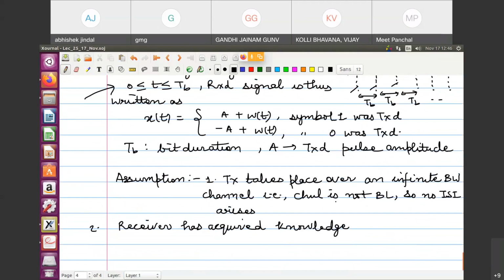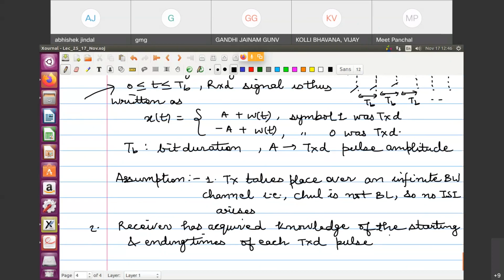So the receiver has acquired knowledge of the starting and ending times of each transmitted pulse.